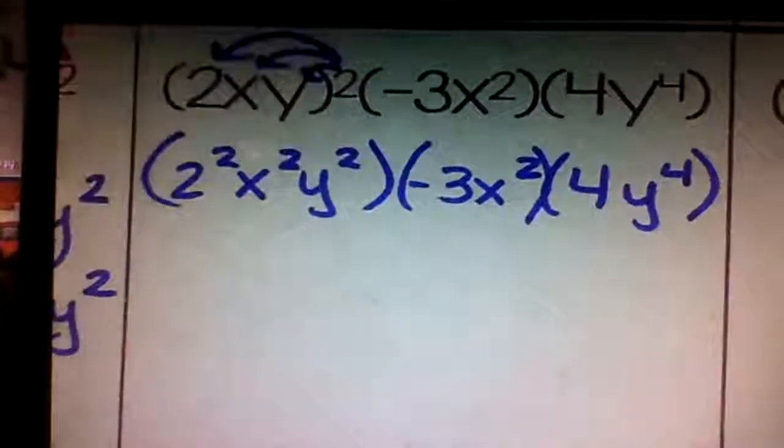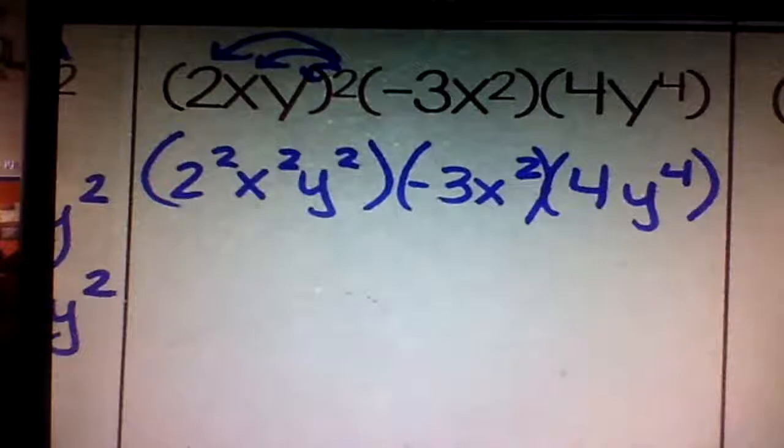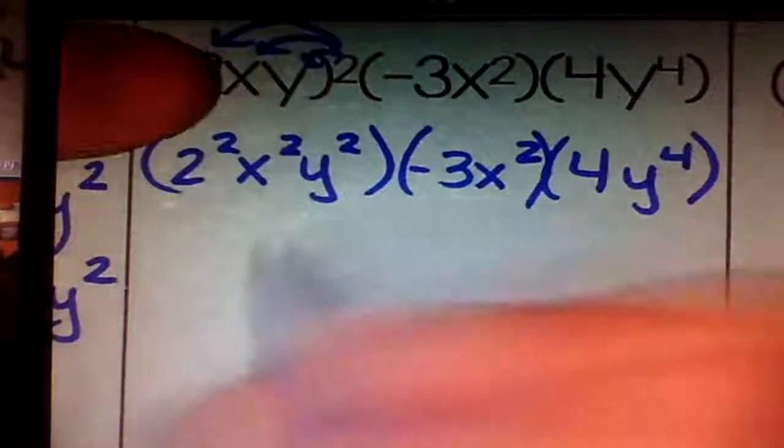Didn't touch anything else because nothing else was raised to a power. Now what? Xavier says I need to get rid of that exponent. So we need to get rid of 2 squared. What's 2 squared? 4.